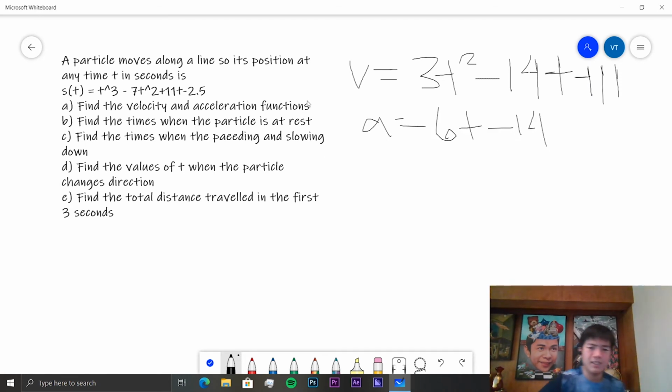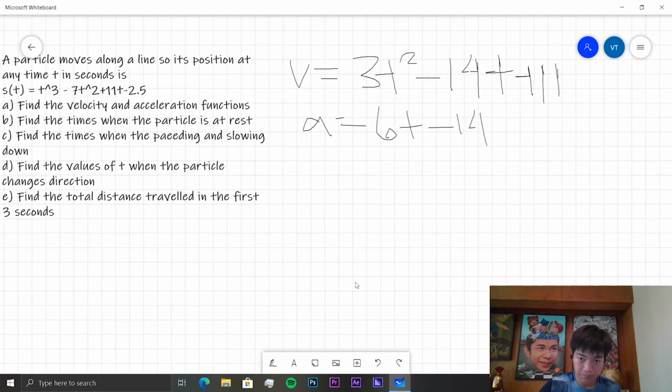Times when the particle is at rest. Well, the particle is at rest when we have zero velocity. So we can have an acceleration, but we just can't have a velocity. So that's when velocity equals 0.